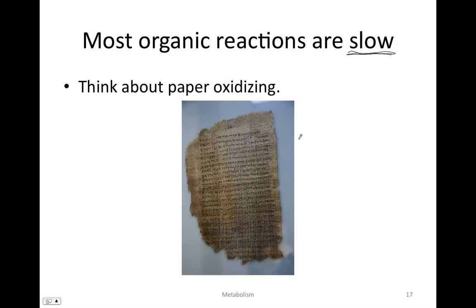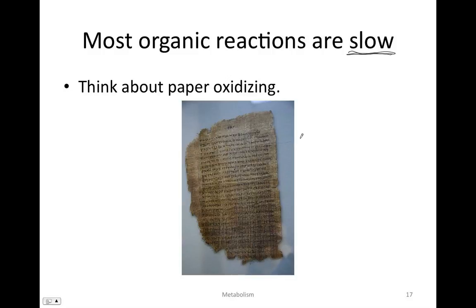Paper is mostly made of glucose, polymerized together in a polymer called cellulose. And glucose, and therefore cellulose, is always being broken down into carbon dioxide and water. But it's going very, very slowly.